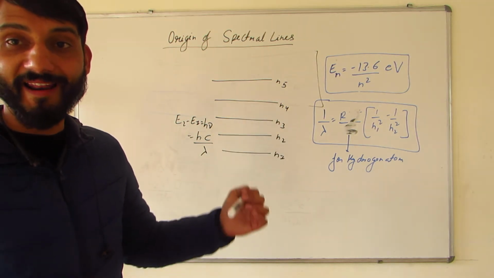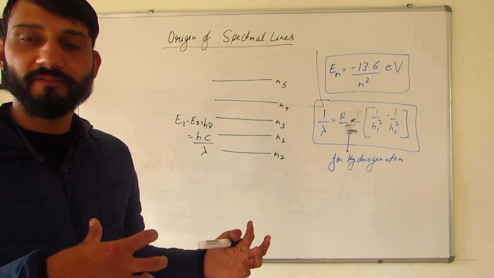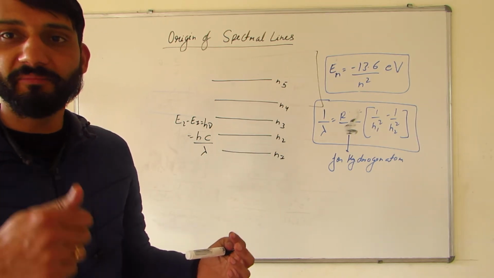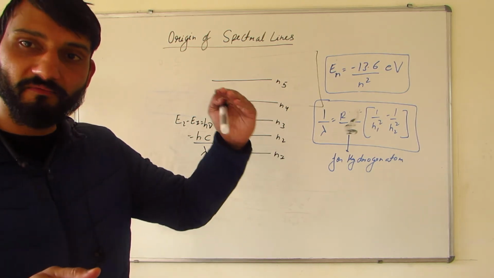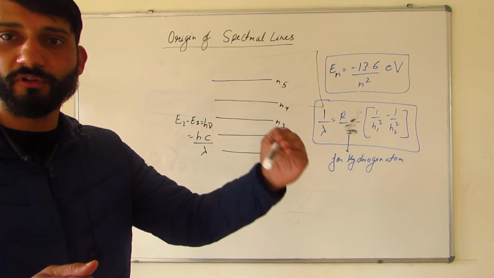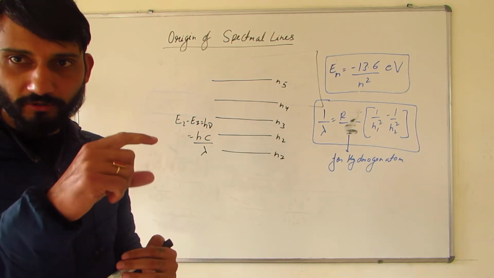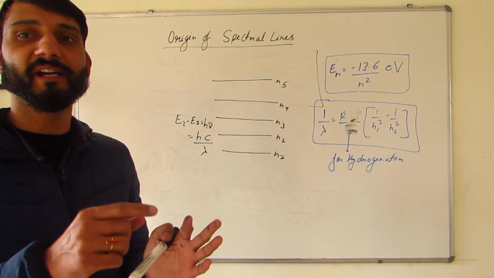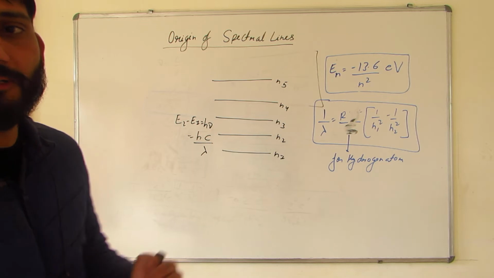If it comes directly from fifth orbit to the first orbit, the frequency or wavelength emitted will be different from the one when it comes from fifth to fourth, then fourth to third, third to second and second to first. So all these frequencies will differ depending upon the way in which the electron is coming downwards.